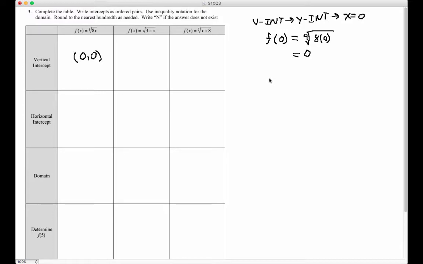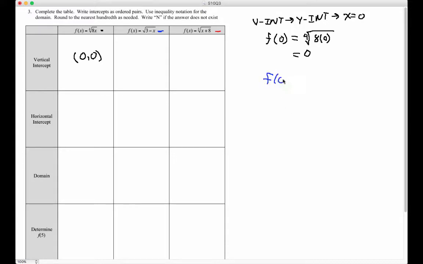So that tells us that the vertical intercept here is actually the origin at 0, 0. Okay, let's do that again, but this time let's do it for f of x is equal to the square root of 3 minus x. And I'll switch colors on here to try and keep them separate. We'll make this one the blue one, and we'll make this one the black one, and we'll make this crazy one the red one. All right, it's a little color coding. Hopefully I'll remember to keep that going, but I'll do my best.